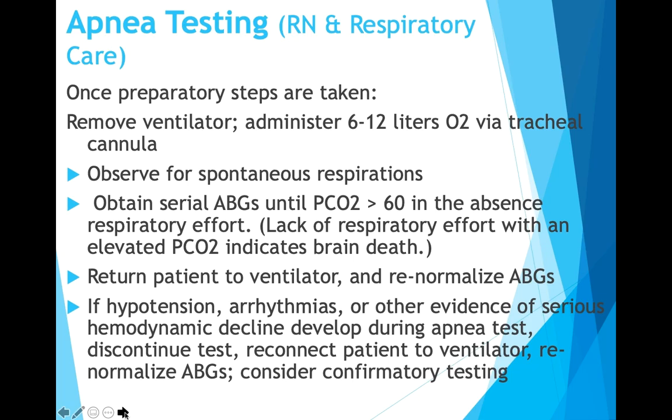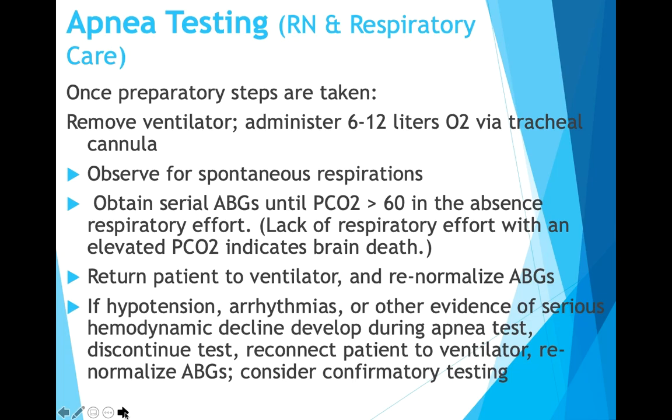You're going to monitor the patient for spontaneous respirations. The nurse will also be obtaining serial blood gases until the patient's PCO2 is greater than 60. Once the patient's CO2 is 60, the patient should have taken a breath if they have an intact brainstem. So lack of any respiratory effort with an elevated PCO2 indicates that the patient is brain dead, which is death.